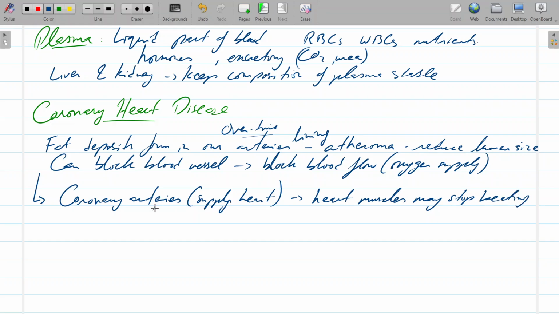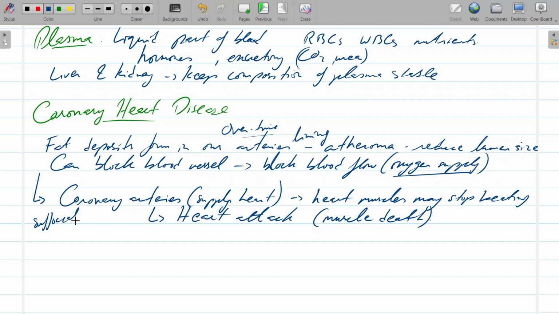And that is a heart attack. And in many cases, it results in muscle death. So some percentage of the heart muscles may end up dying because they're starved. They're suffocating in a sense, there's no oxygen, and so the muscles are going to suffocate. And when you suffocate, you die.